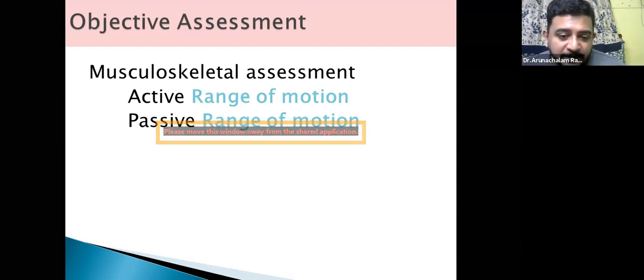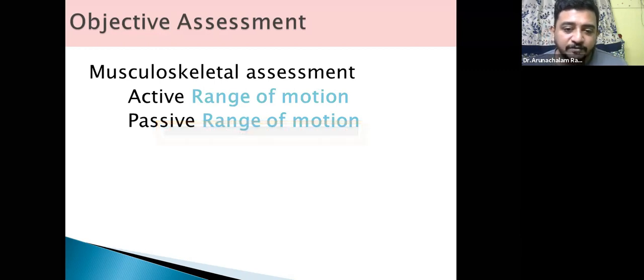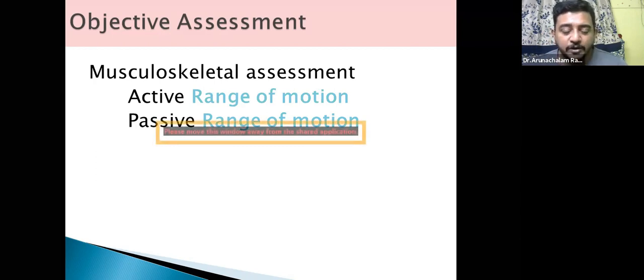But if I find a patient with both active and passive range of motion limited, then I will blame only the joint structures. It might be joint stiffness or muscle stiffness. It is more of a passive problem rather than an active problem.